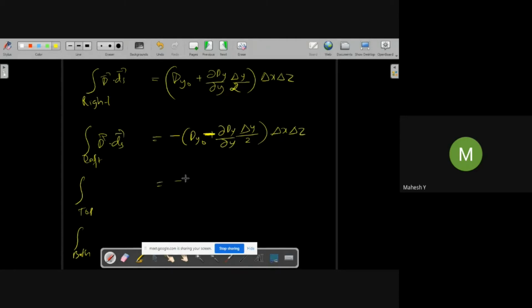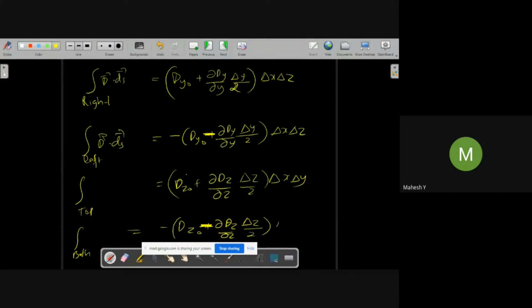The top will be dz0 plus dou dz by dou z into delta z by 2 whole into delta x delta y, since it is the top direction, delta x and delta y will be there. And the bottom will be minus dz0 minus dou dz by dou z delta z by 2 into delta x delta y.